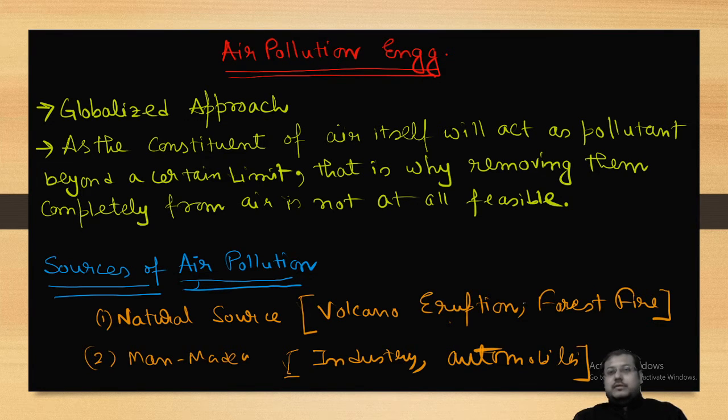The whole Sao Paulo city, which is almost 3,000 kilometers away from the Amazon core forest, turns into darkness due to that burning process, the forest fire. So air pollution is not a localized process. It's a globalized approach.